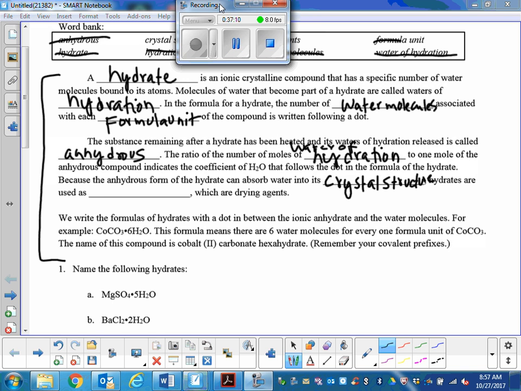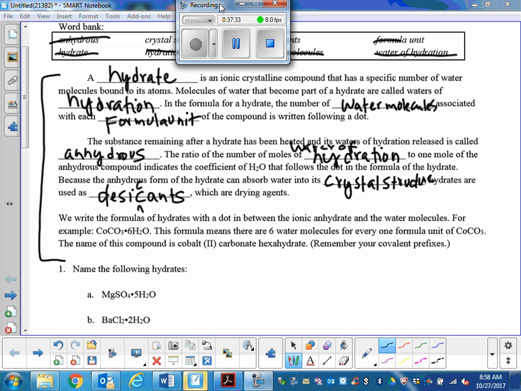The hydrates are used as desiccants. Did I spell that right? Is it 2 C's? Desiccants, all right, which are drying agents. Have you ever used water bottles that have little packets in them?